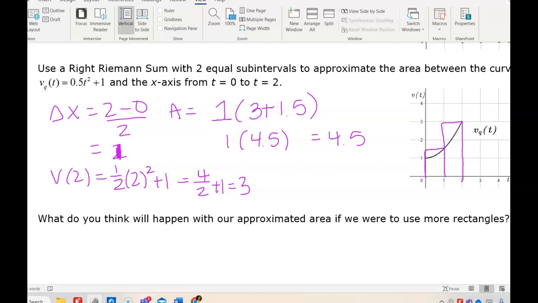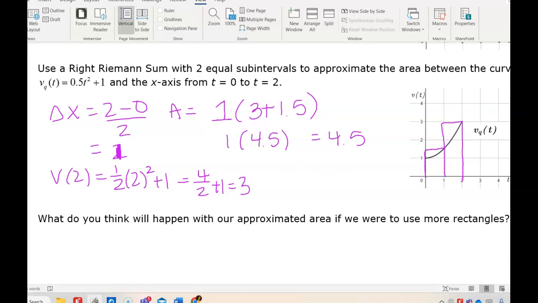I get 4.5. Now what's wrong with my 4.5? It's an over approximation. So what do you think would happen if instead of 2 subintervals, we had more subintervals? Would my approximation be better or worse?